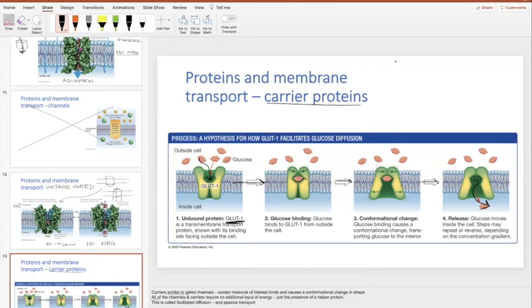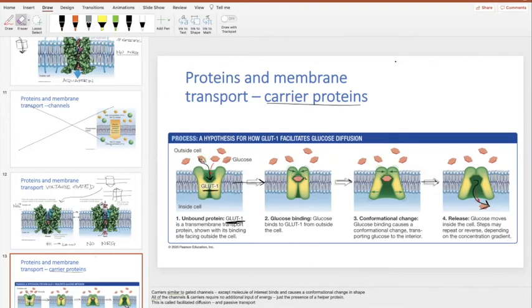And so it's gonna have a really hard time getting across a phospholipid bilayer. But you need glucose. We've discussed how glucose is an energy source for the cell. So we're going to need to take advantage of some transmembrane proteins in order to shuttle glucose from outside to inside. And one protein that can help us with that is this GLUT1 carrier protein.